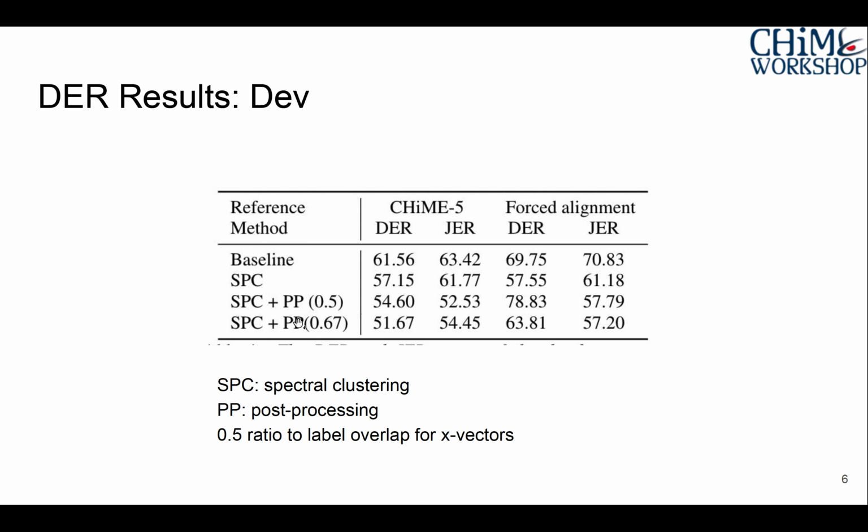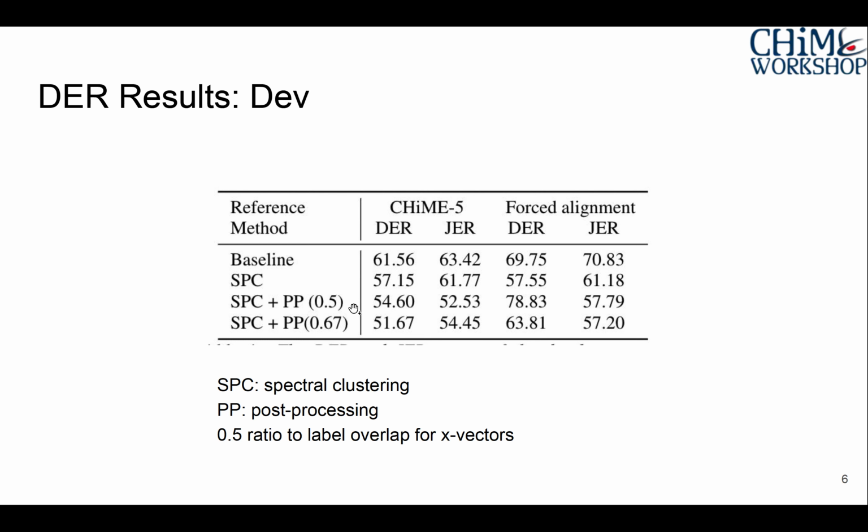Well, if we consider the overlap, then the DERs are very different. The DER with the CHiME 5 reference is much lower than the DER with the forced alignment. So that's our finding.